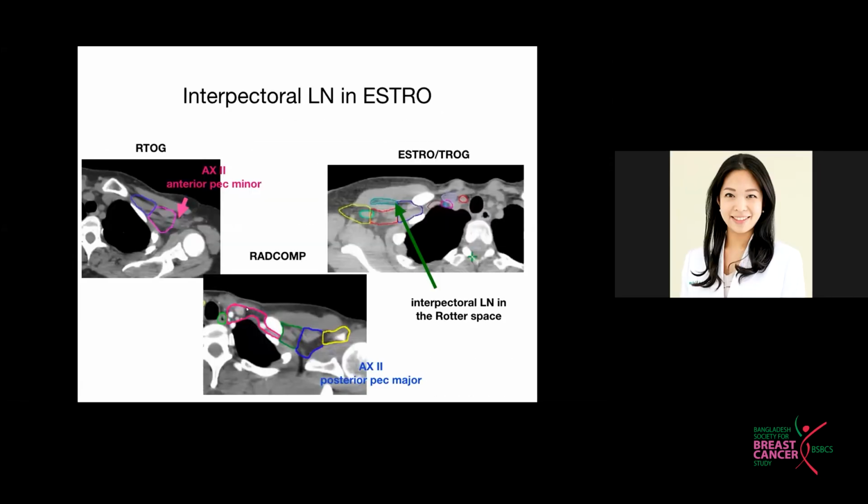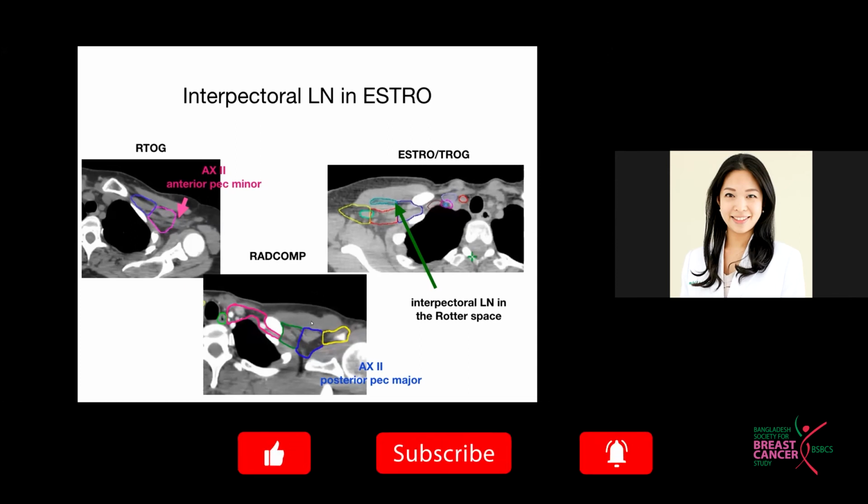For example, the interpectoral lymph nodes, which are in the Rotter space in ASTRO, are already included in axillary level 2. Because for RADCOMP, the anterior border of axillary level 2 is at the posterior of the pec major, so it's already included.